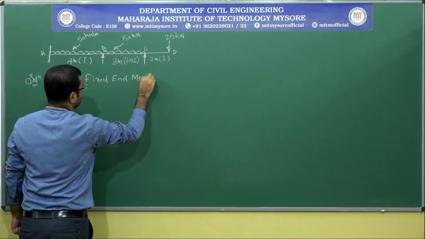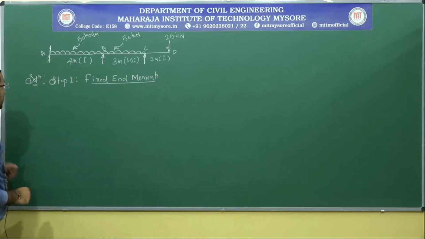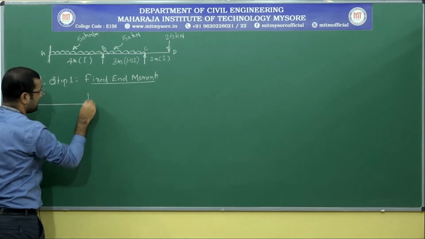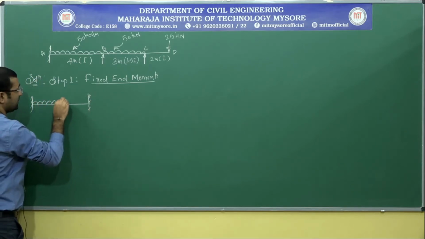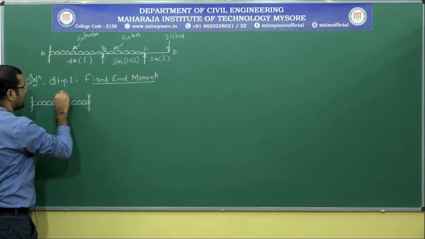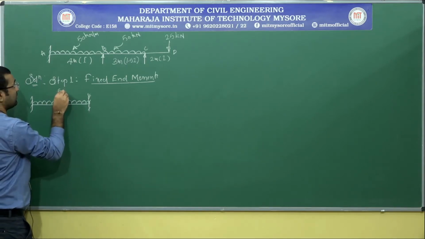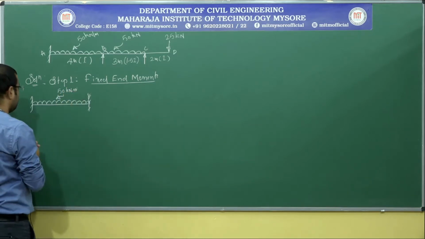Okay. So, in this step we are assuming the ends of the spans are fixed, and because of these fixed ends, due to the external loading on the beam, the end moments which are generated are called the fixed end moments. So, we need to determine how much the fixed end moments are.